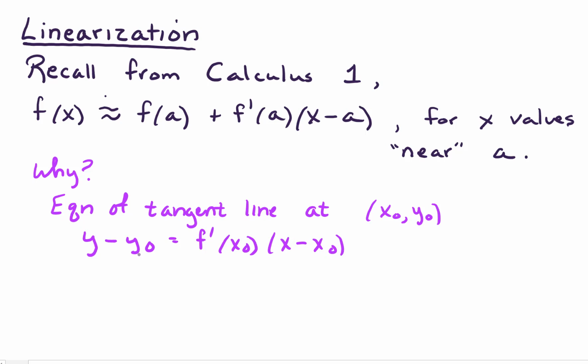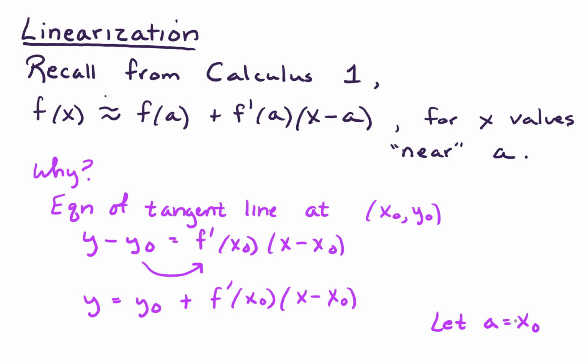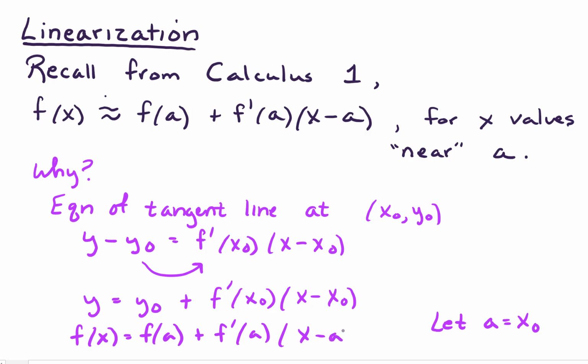Well, if you move over this y naught term to the other side, what do you get? You get y equals y naught plus f prime of x naught times x minus x naught. So what we're going to do is just replace the x naught with a. And so what we get here is f of x equals f of a plus f prime of a times x minus a. And that's our linearization.